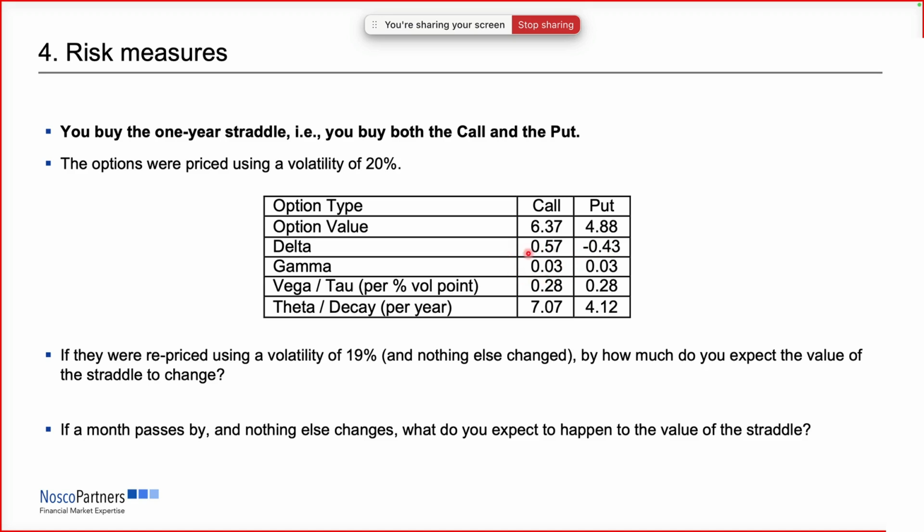Then I have gamma. Gamma tells me how much delta will change if spot is changing, and gamma is 0.3 of both options. By the way, this is not a coincidence that it's the same for both options. This is just because of put-call parity. Remember what put-call parity is saying?